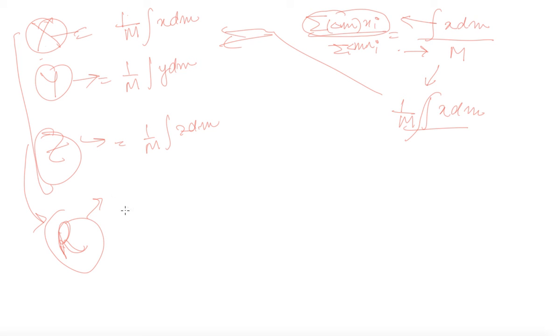Therefore r is actually equal to 1 by m integration of r dm, where r stands for the x coordinate, the y coordinate and the z coordinate. So this is what is given for a center of mass for a regular body.